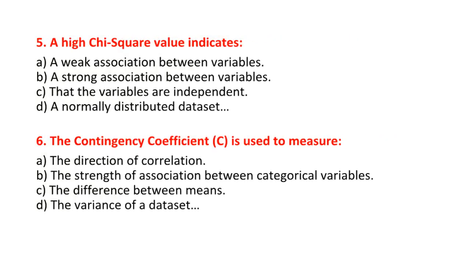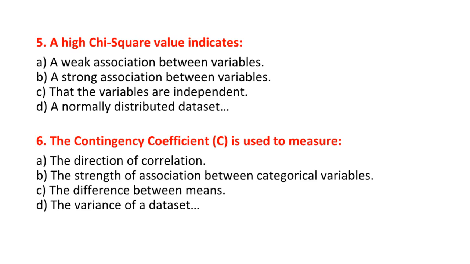5. A high chi-square value indicates A. A weak association between variables. B. A strong association between variables. C. That the variables are independent. D. A normally distributed dataset. Answer, B. A strong association between variables. 6.